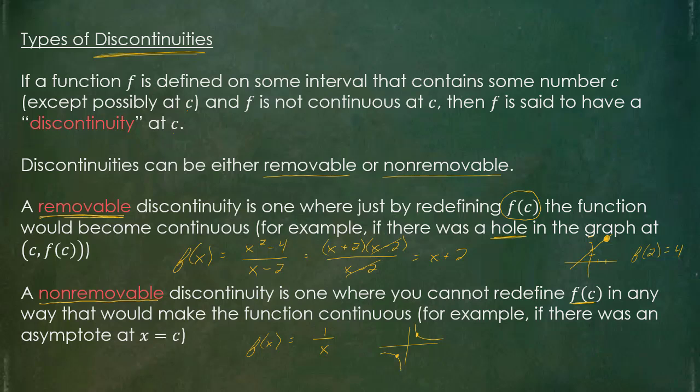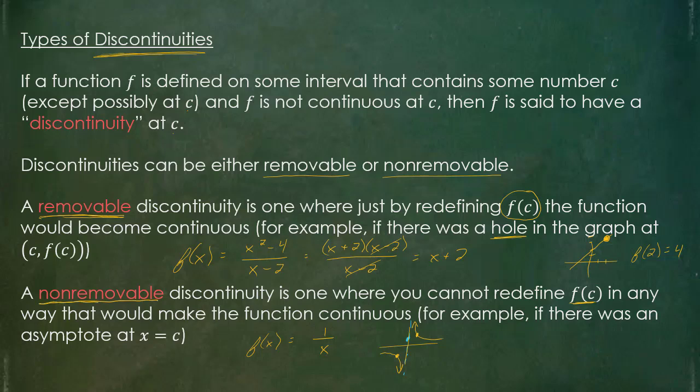There's no way, because of that vertical asymptote that exists right here, that even if I picked a random y value along that, it would connect this bottom part right here. It would never connect this part of the graph with the other part of the graph, no matter what value I gave for f of 0. It still would be spiking down and spiking up on the other sides.